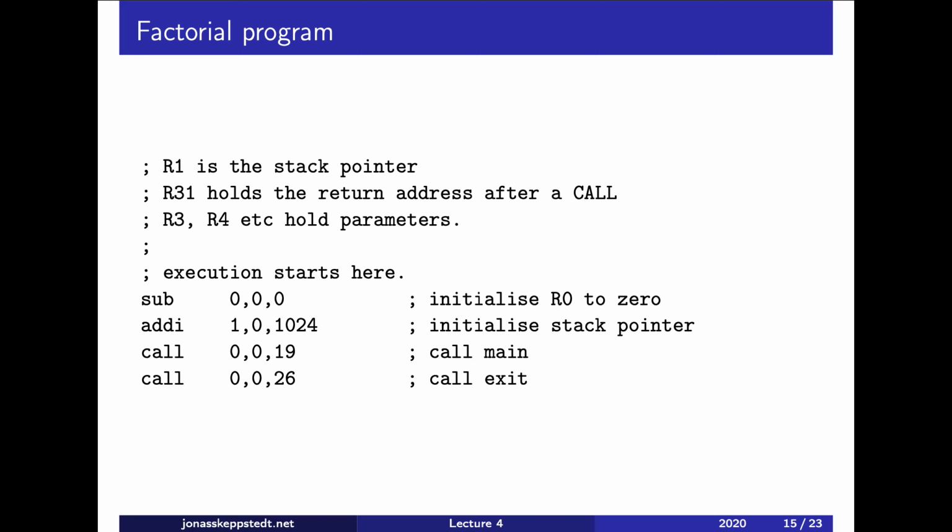Okay, so recall R1 is the stack pointer, R31 holds the return address after a call, and R3, R4, etc. hold parameters. Now we say that execution should start, the machine that we had, it starts at address 0. So it starts to set R0 to 0, and then it sets the stack pointer to 1024.